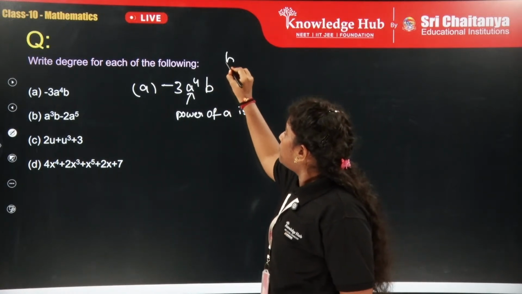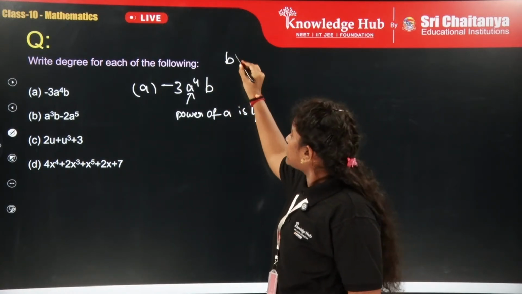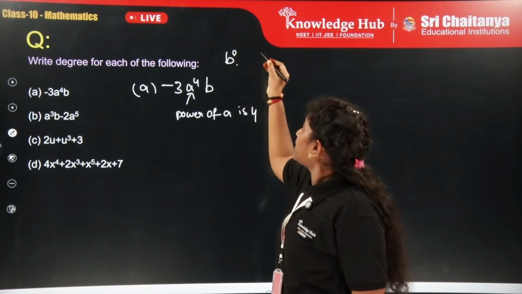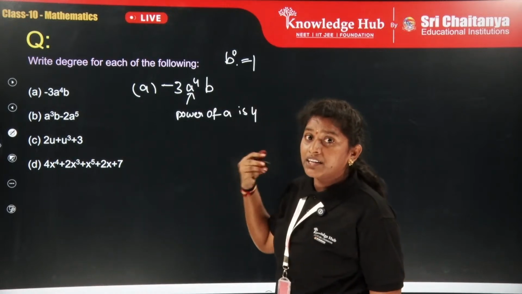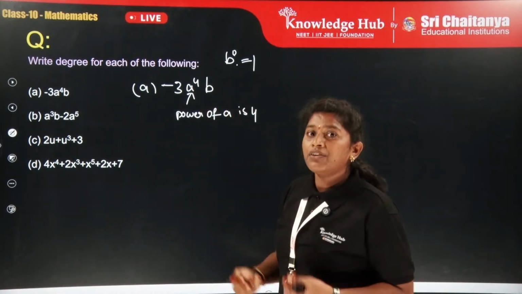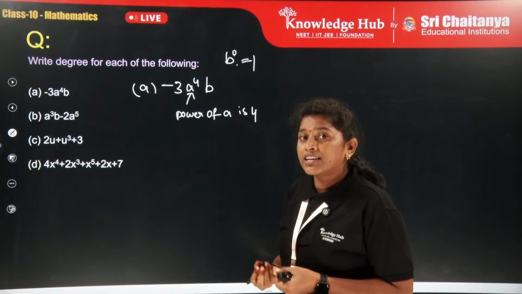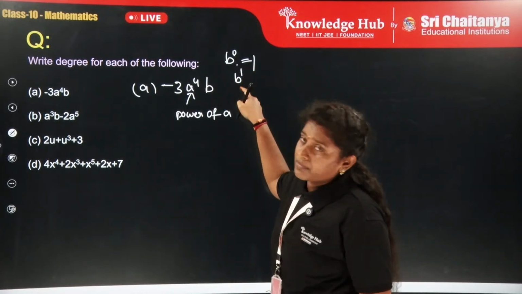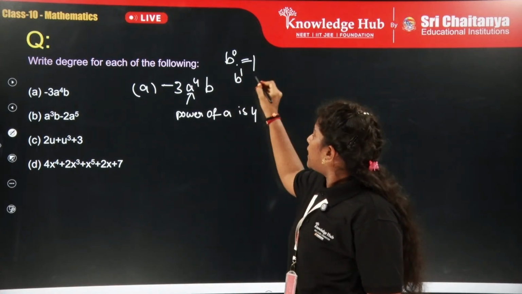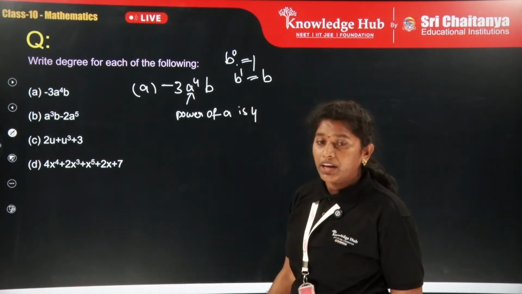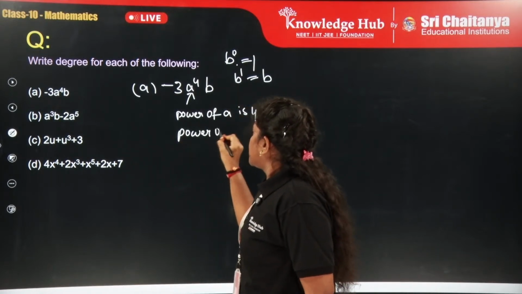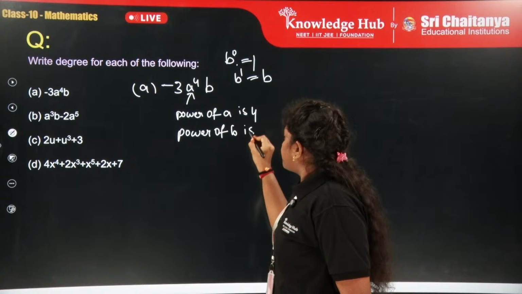Some students will think that b is not having any power, so that means it will be 0. That is wrong, because b to the power 0 means you will get the value as 1, but here you are having b. If we consider exponents and powers, b raised to the power 1 gives you b. So the power of b is 1.